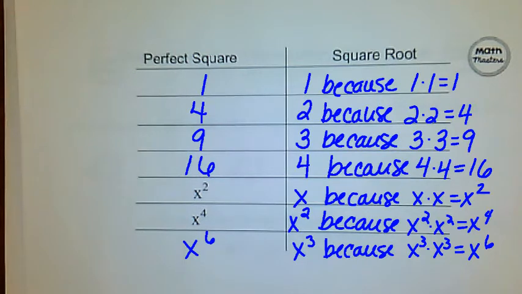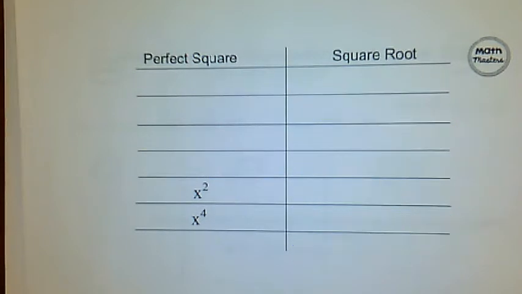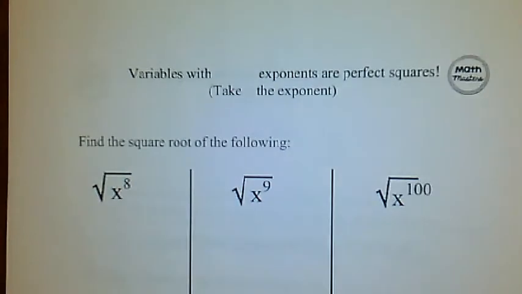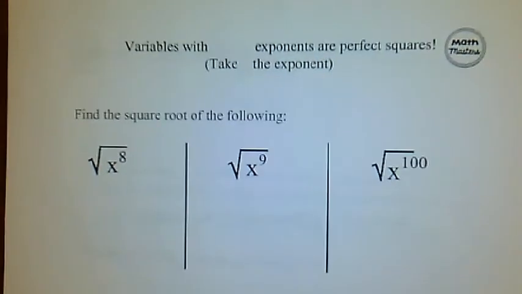So what I'm hoping that you noticed is that variables with even exponents, they have to be even, you take half of the exponent.